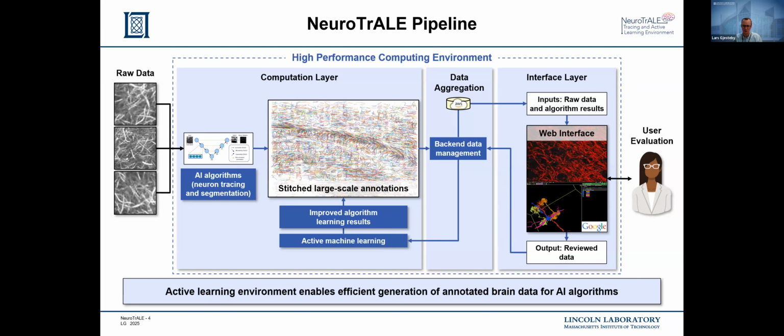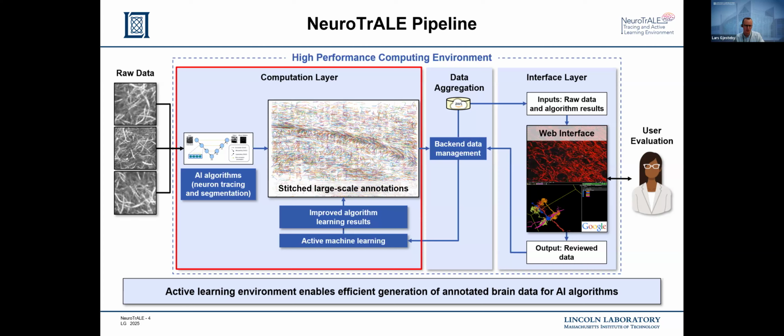This is built on Neuroglancer. And with the expert in the loop review, users can interact with the annotations, make edits and corrections and updates, and really analyze what's going on with the imagery and the annotations, and then save these back to the data aggregation point, which then is used for retraining the AI algorithms for iterative improvement. And the cycle can continue to support large-scale analyses.